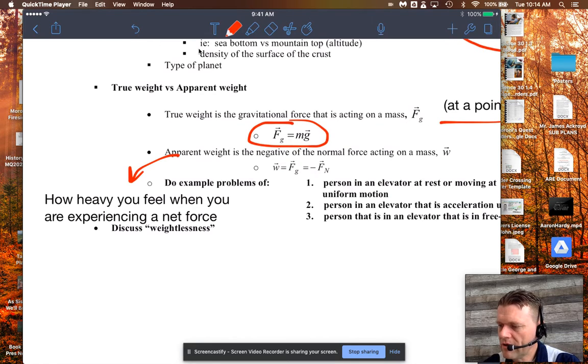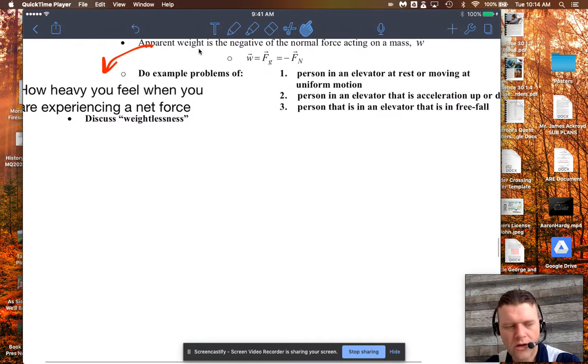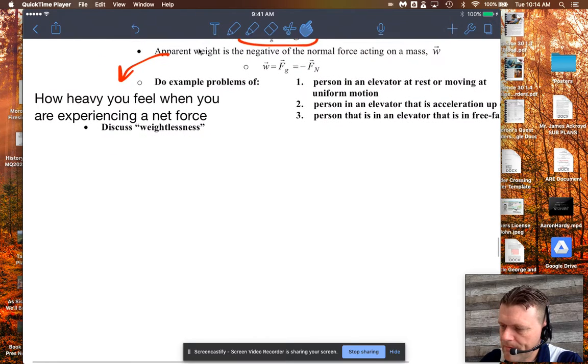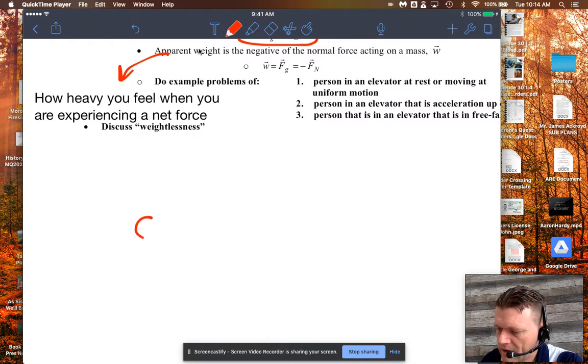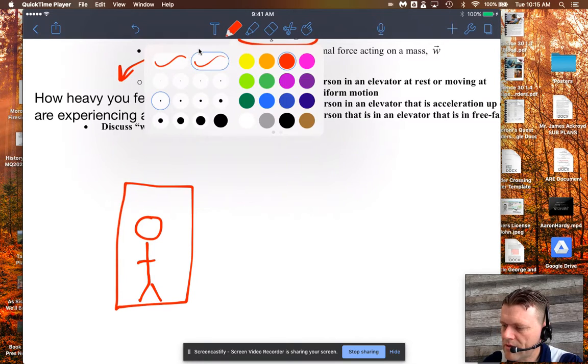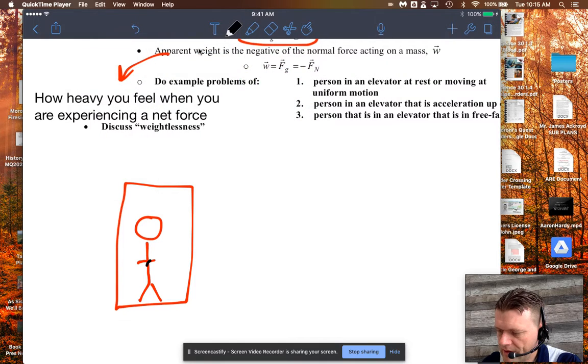So what does that look like if we sketched it? Let's just look at this here. If we are standing in an elevator, okay, so here's our elevator, we will experience the force of gravity. I'll show that just like this.